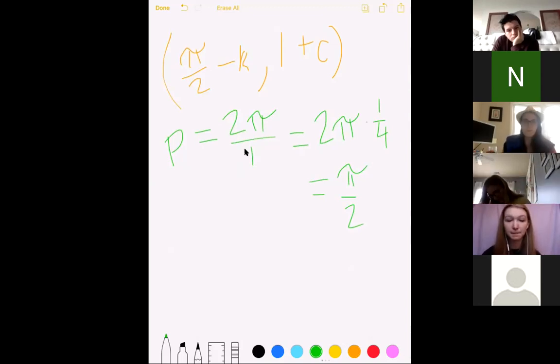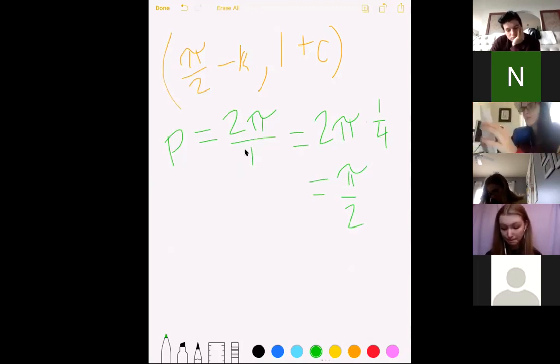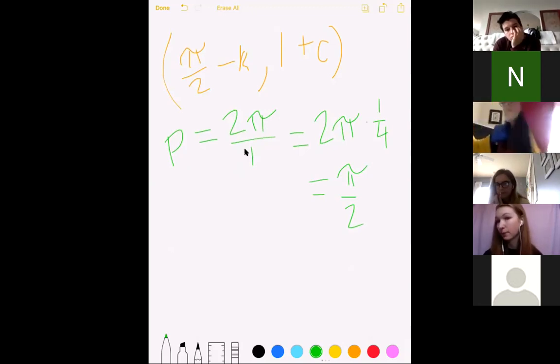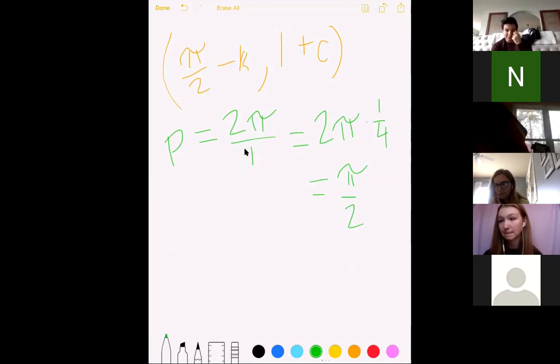Okay, I was in the middle of this problem when you guys logged on, so I was able to do K. I haven't done C yet. But in order to find the value of K, normally, where does the sine function hit zero?